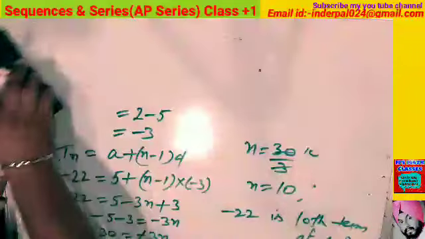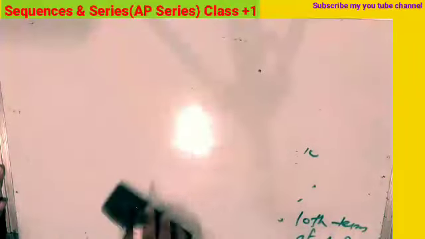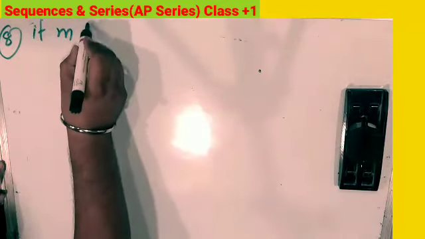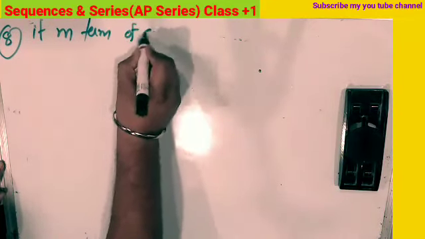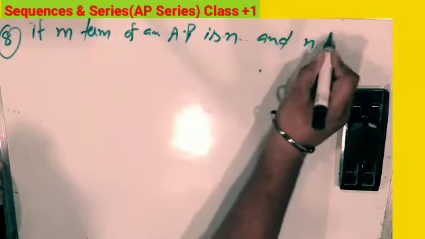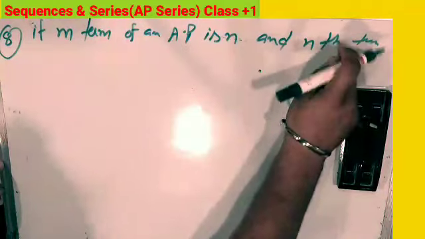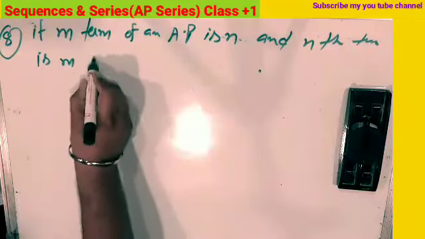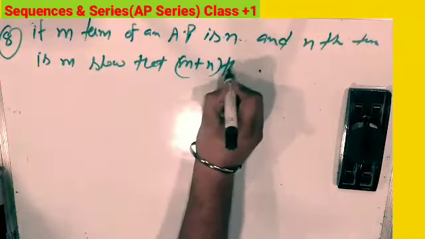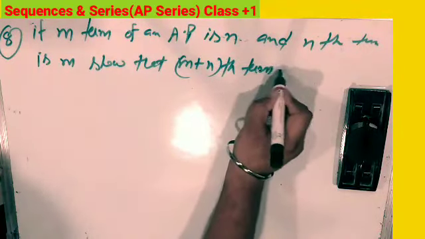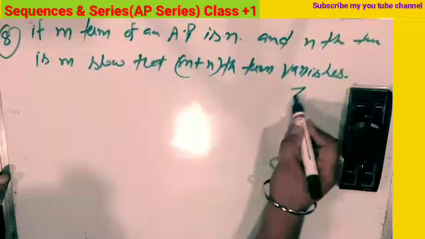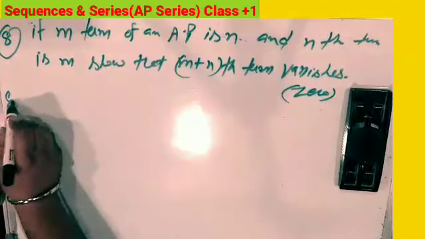Question number 8, very important. If the mth term of an AP is n and the nth term is m, show that the (m plus n)th term vanishes. Vanish means zero.